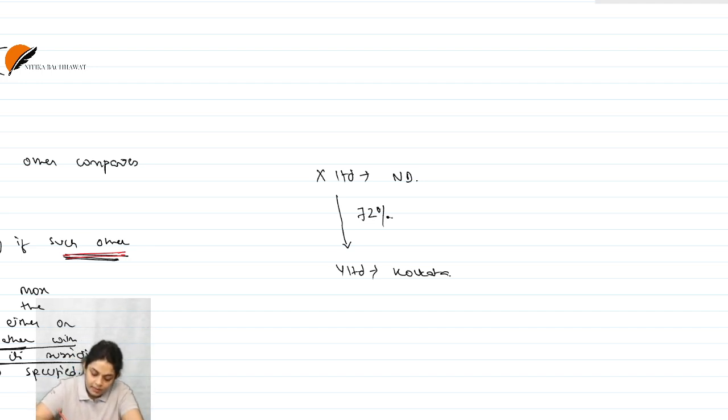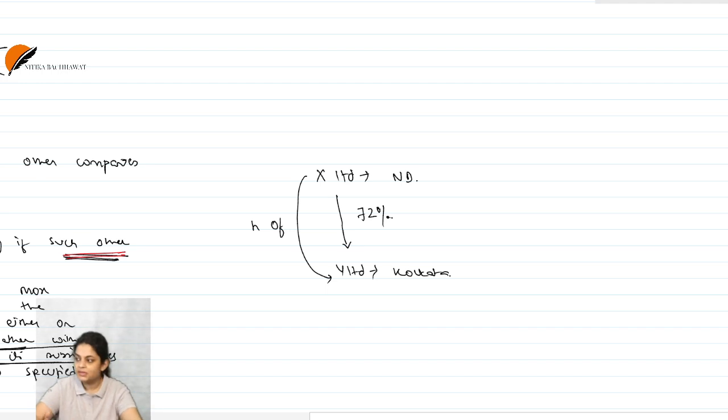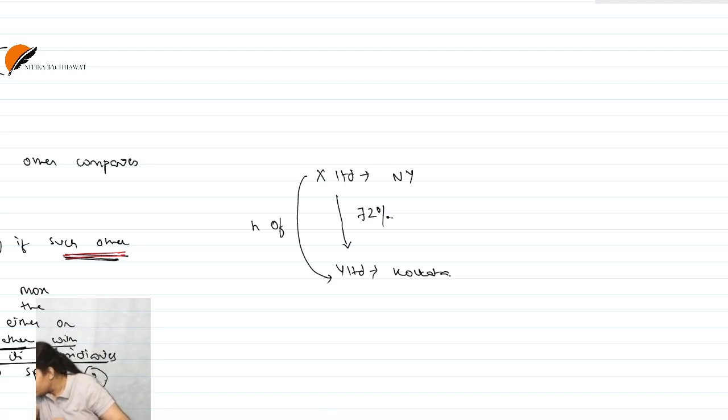Now, can we say X Limited is the holding of Y Limited? Yes. Instead of New Delhi, if this was New York, now what is the answer? Would it still be regarded as holding subsidiary?